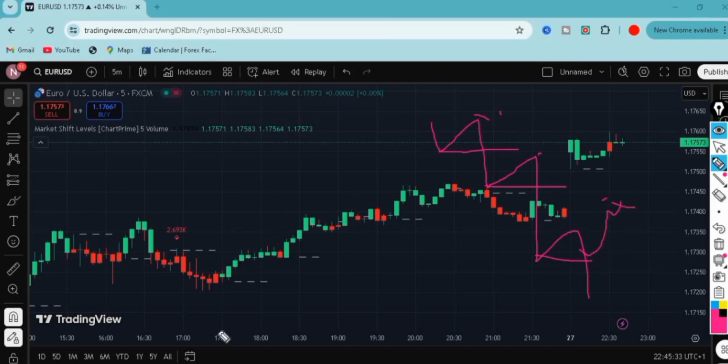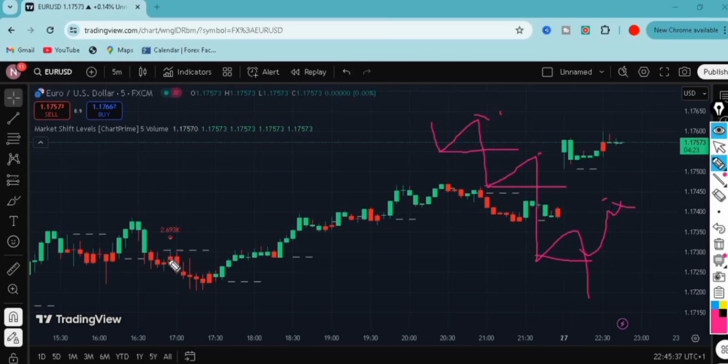I've explained it right about now that when it got to this level, the candlestick broke below, but later on they were closing above, and therefore the movement to the downside reversed, and we came to a reversal to the upside. Okay, that is what you're supposed to keep in mind.